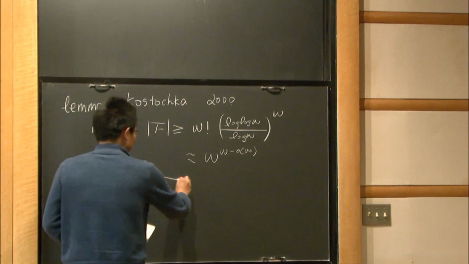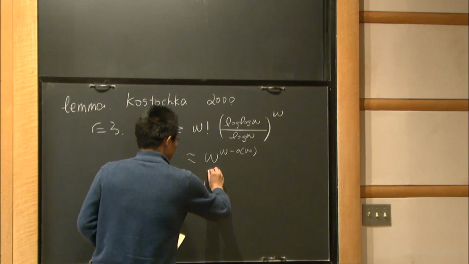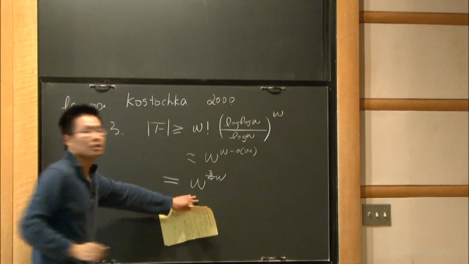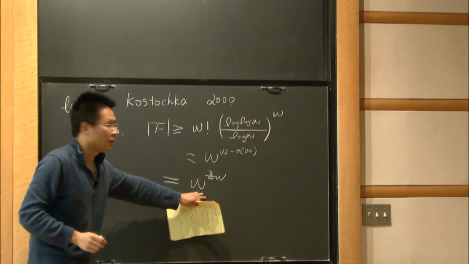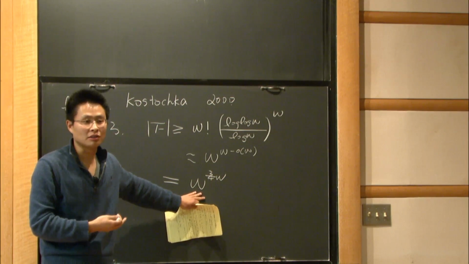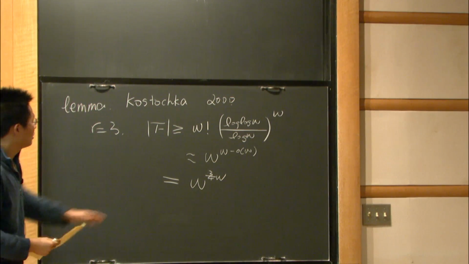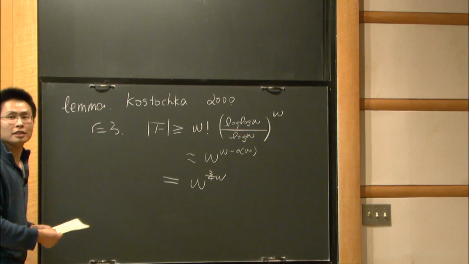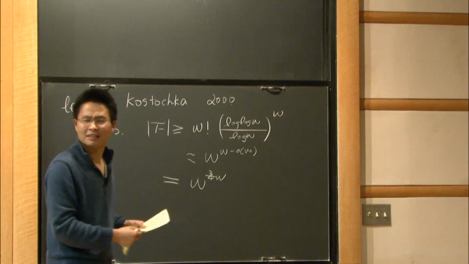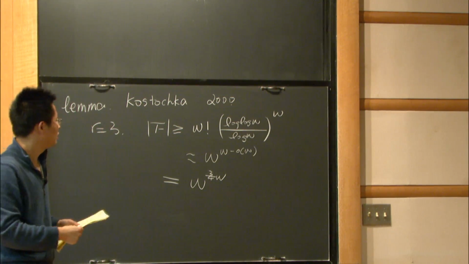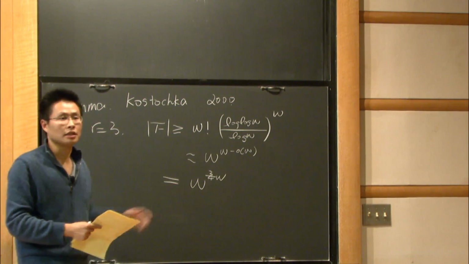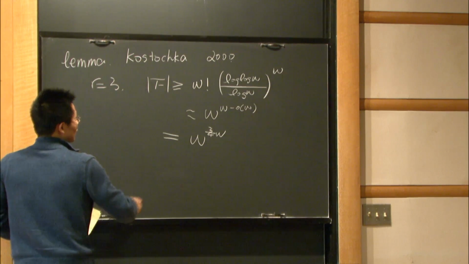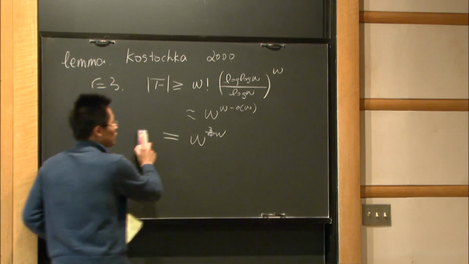It is about a bound like w to the 3/4 w. So there is another result with this bound, but we don't know if it's correct or not. We're still verifying that. I don't want to mention it now.